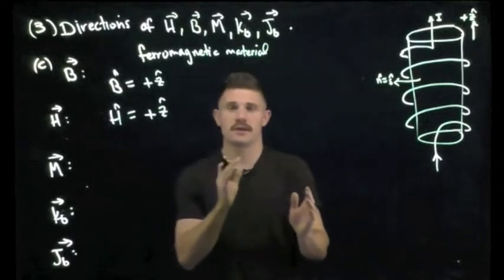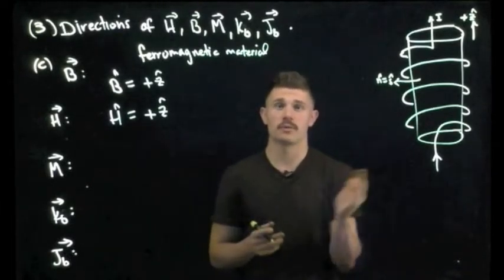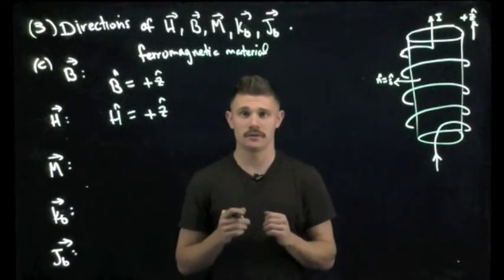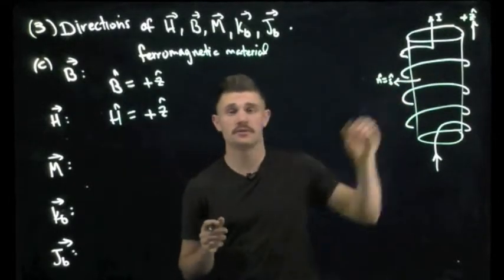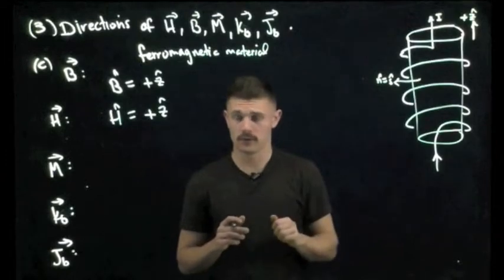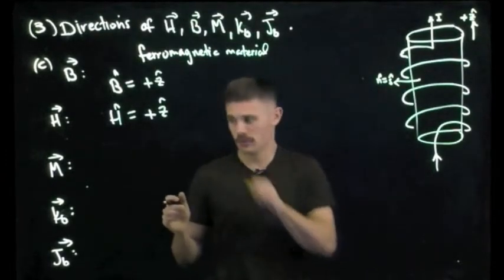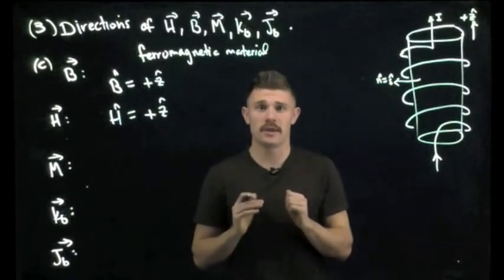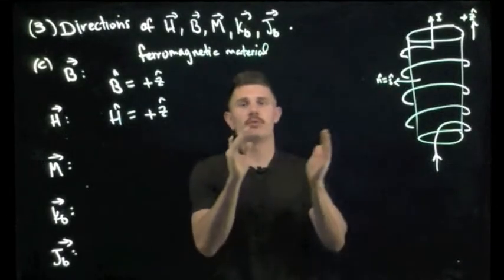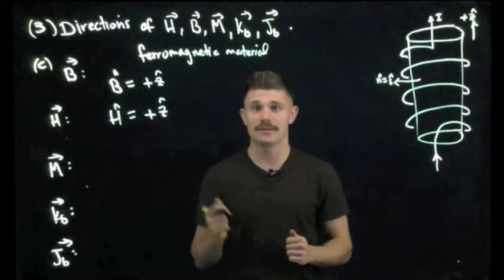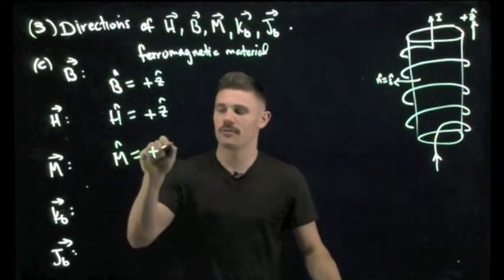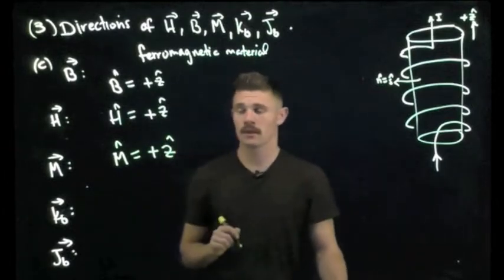So again, we'll have our domains, and all of the magnetic dipole moments will be pointing in random directions, and when we have that external magnetic field, or in this case the magnetic field due to the current flowing around the solenoid, that will work to align all of the domains and will essentially shift all the dipole moments so that we have a net magnetization in the direction of the magnetic field. So M hat in the direction of the magnetic field, z hat.